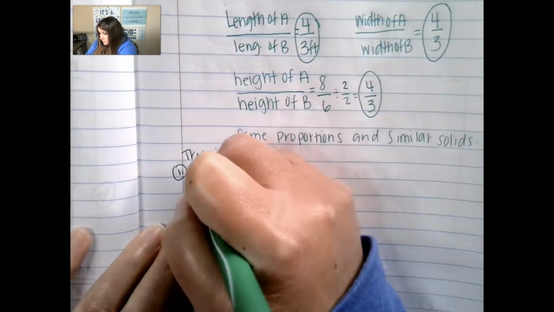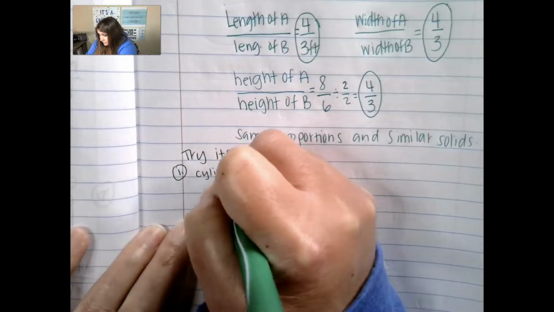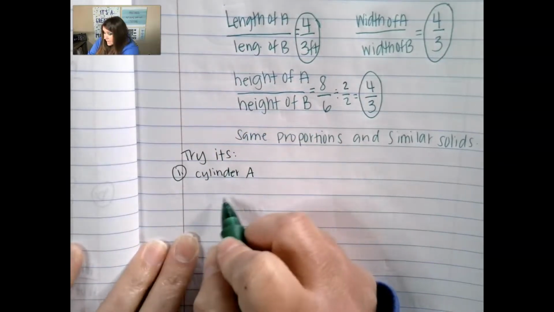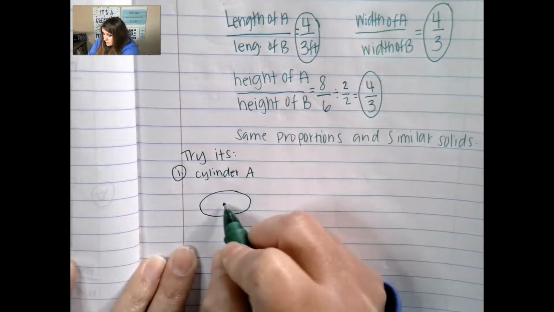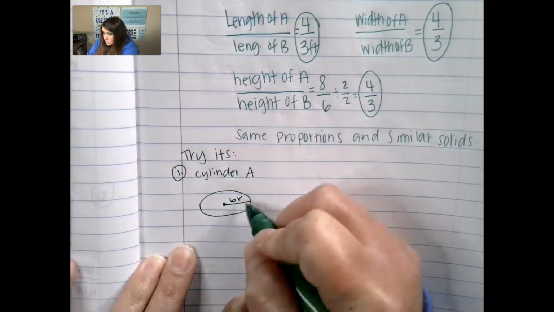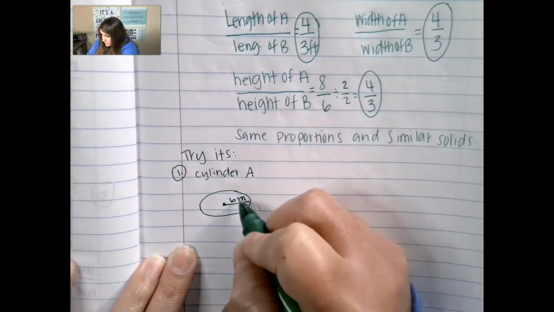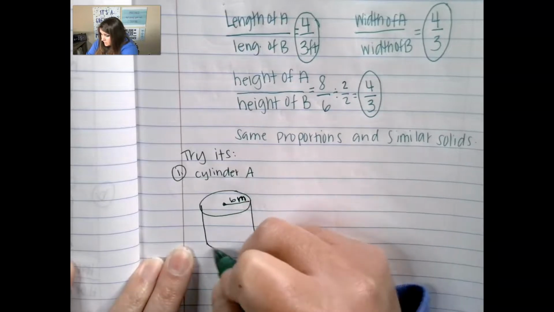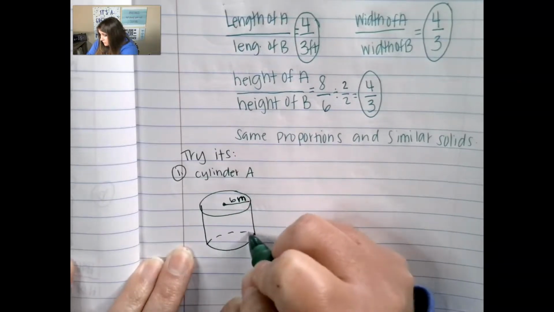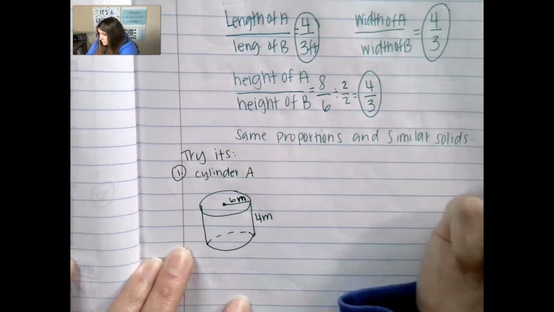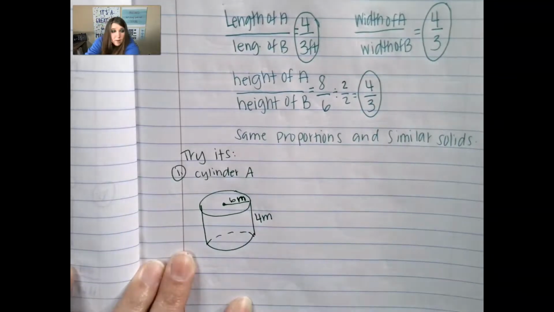We have cylinder A again, and cylinder A has a radius of 6 meters. The height of cylinder A is 4 meters. And then you have cylinder B.